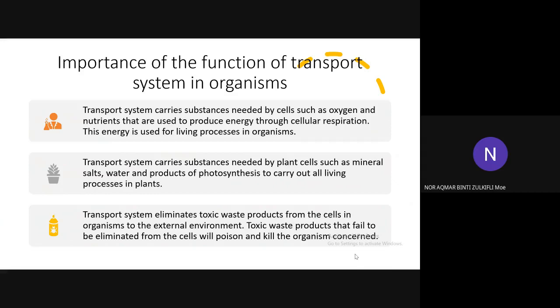Second, the transport system carries substances needed by plant cells such as mineral salts, water, and products of photosynthesis to carry out all living processes in plants. Lastly, the transport system eliminates toxic waste products from the cells in organisms to the external environment. Toxic waste products that fail to be eliminated from the cells will poison and kill the organism concerned.